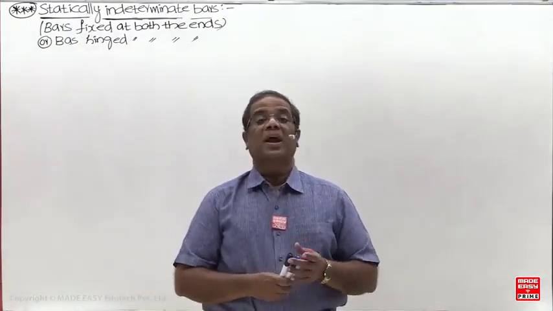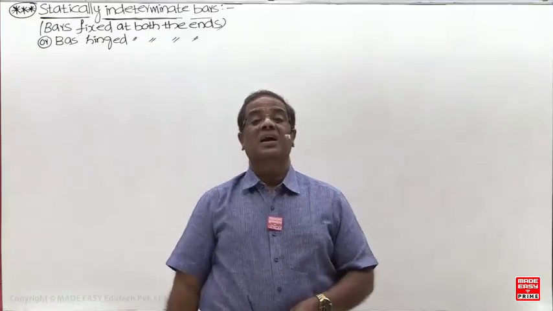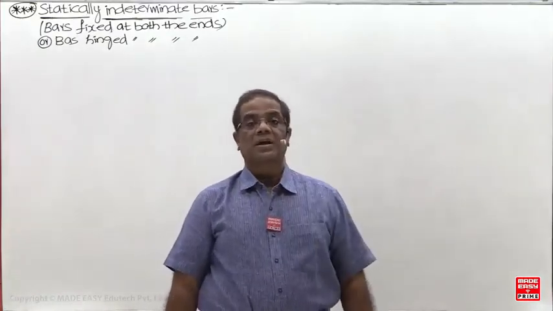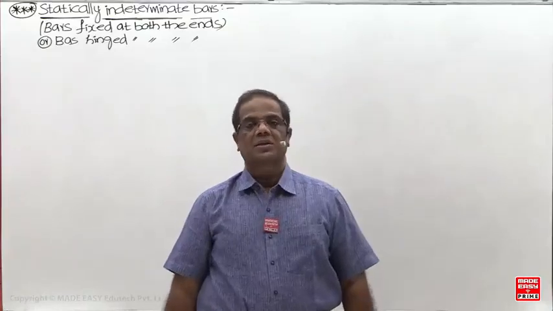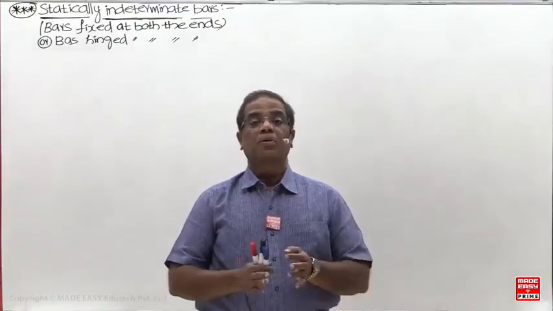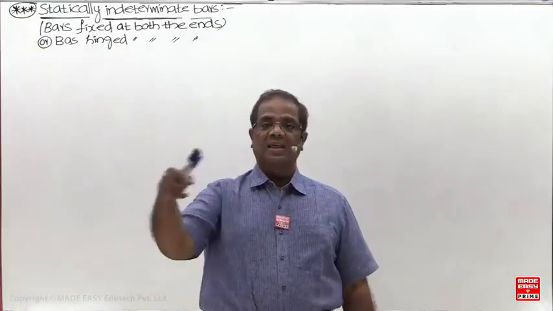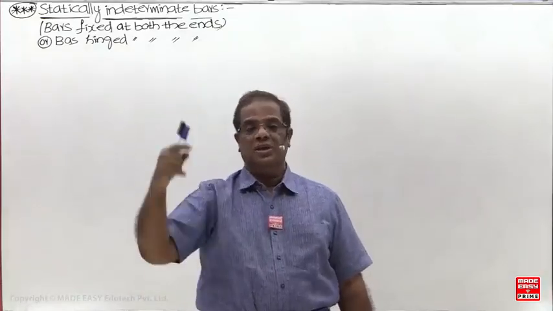How to decide the number of reactions? The number of reactions is equal to the number of restricted motions. Fixed support will not permit any motion. It will restrict the axial motion, vertical motion and rotation.